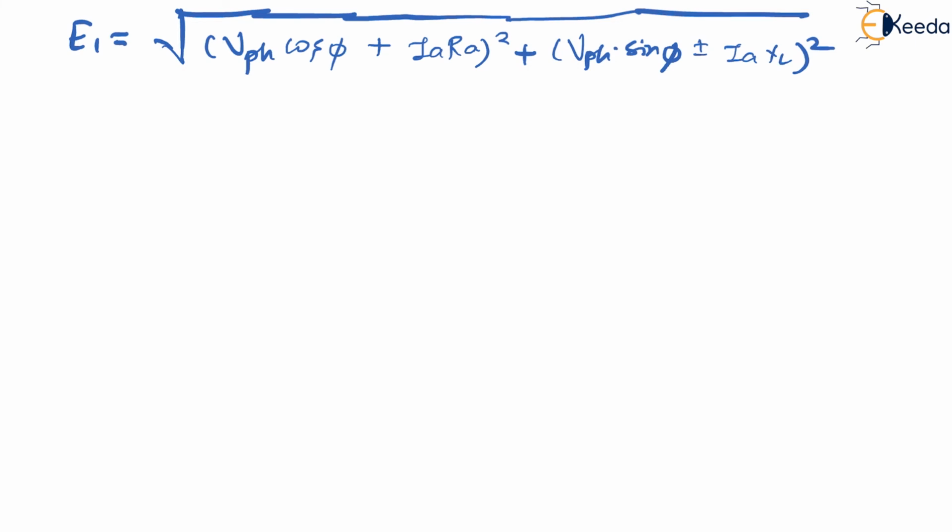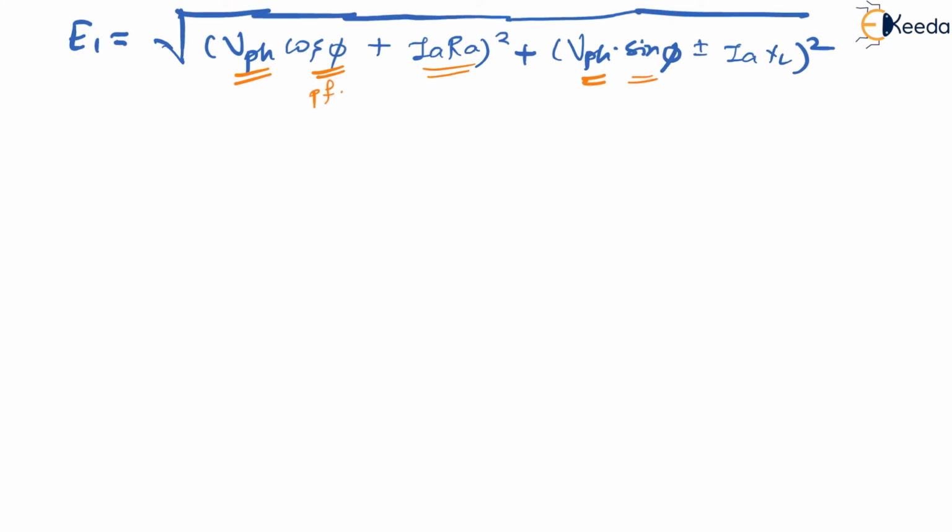in this particular equation, V phase is nothing but the rated voltage already given in the problem. Then cos phi is nothing but the power factor already given. IARA: IA is the rated current, and RA is the resistance value, which we already have from the given data, so this is also known.